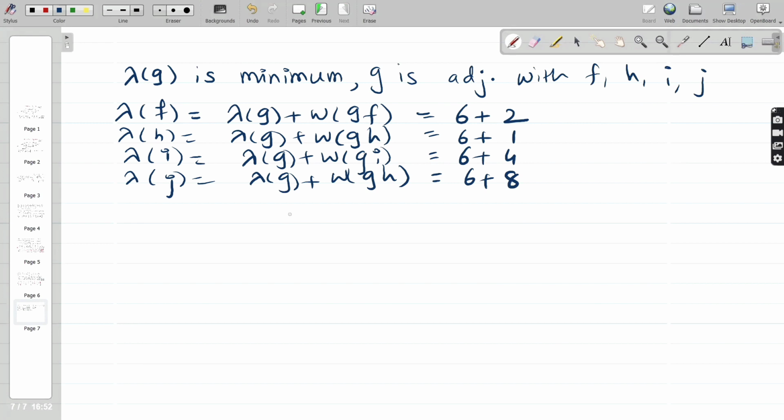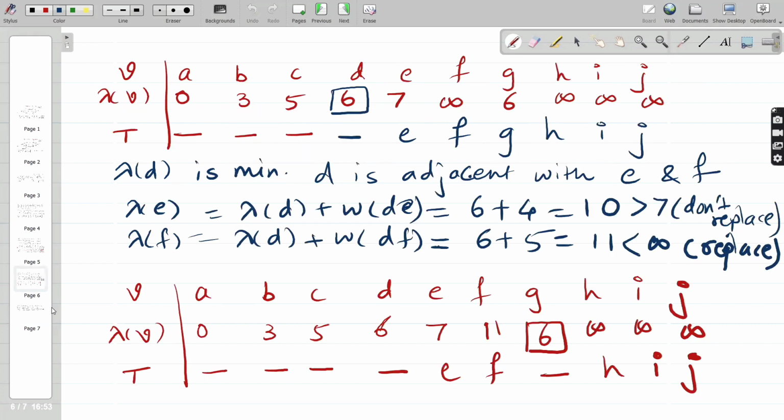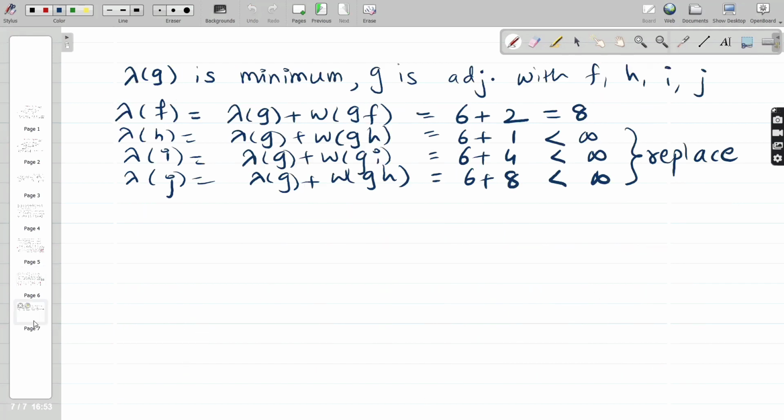Now the lambda values of H, I, J are still infinity, and therefore we will naturally replace all these lambda values. Now lambda F is becoming 8. And what is it in the previous table? Lambda F is 11. So 8 is less than 11, and therefore I'm going to replace it.